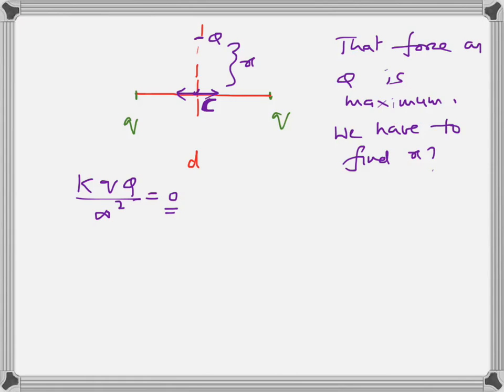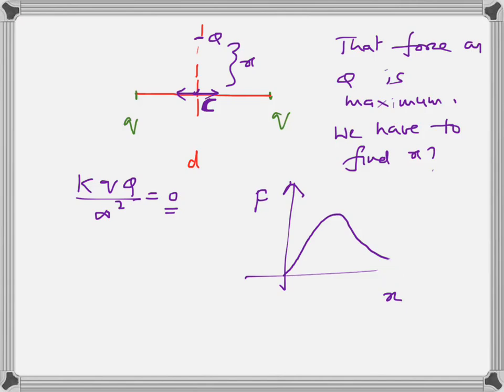At the center force is 0. As I take Q upwards, force increases. At a certain point force is maximum. Then it decreases and becomes 0 at infinity. So if I plot a graph between force and x, when x is 0, force is 0, then force increases, and finally force goes to 0 at infinity.